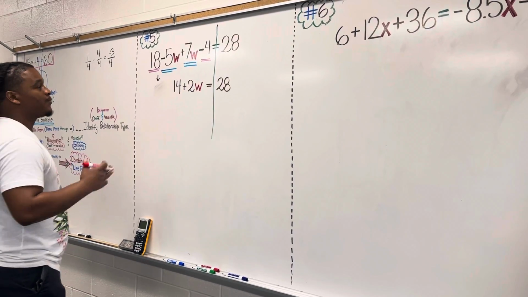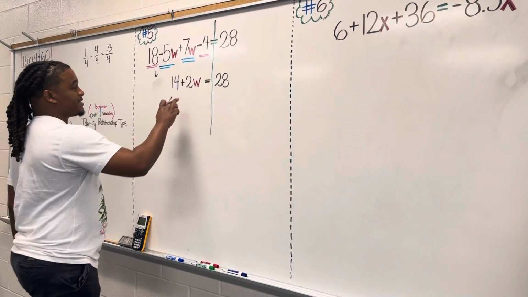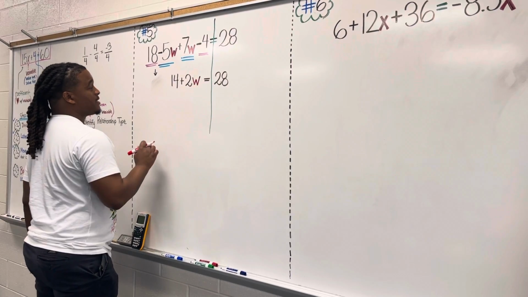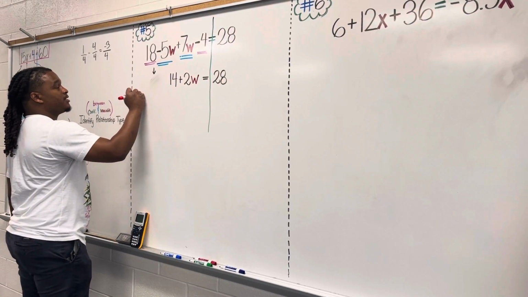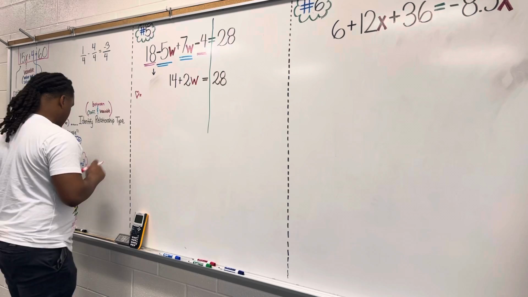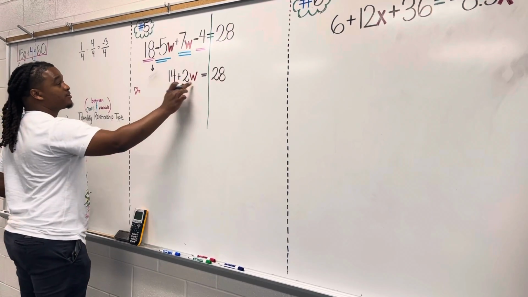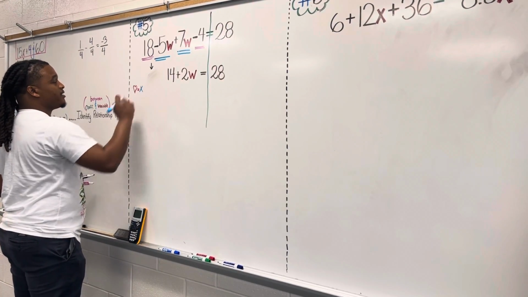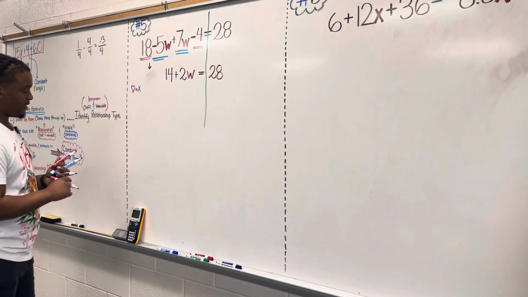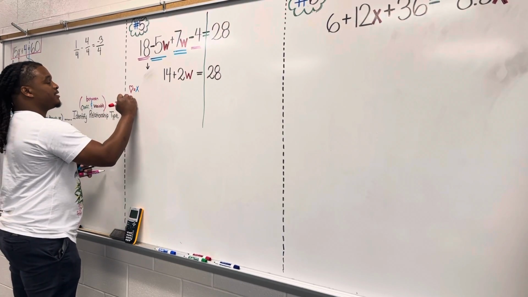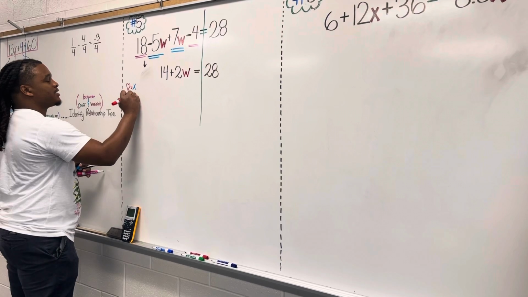All right, now what I want to do is label each side. I see that 2 and w are in a relationship. The type of relationship is the multiplication operation, because it's saying 2 times w. So they're in a multiplication relationship, which means that whenever they break up, they're going to do the opposite of multiplying, which is divide.